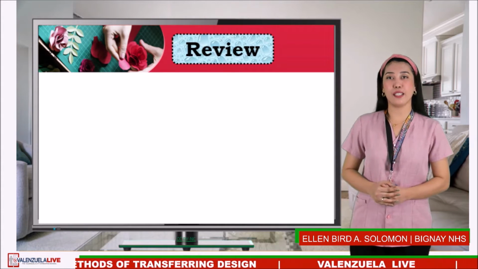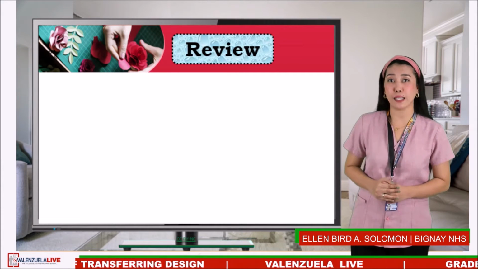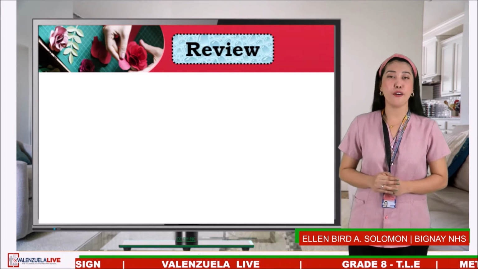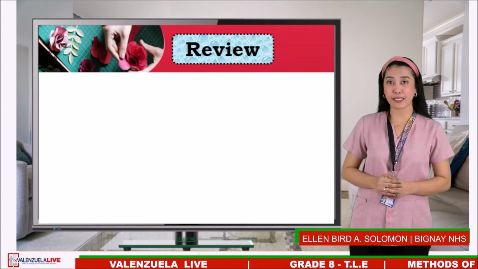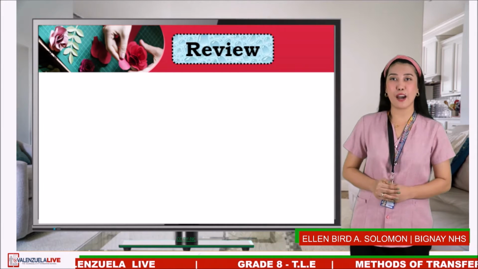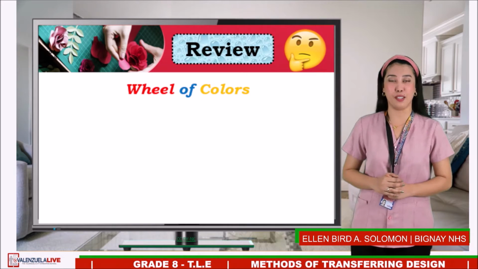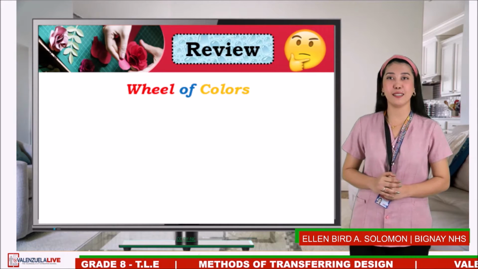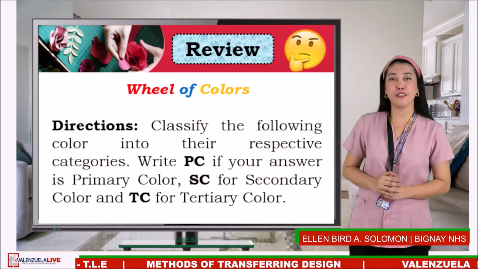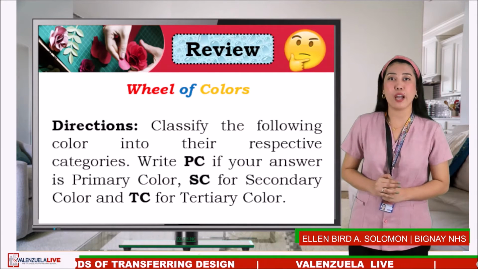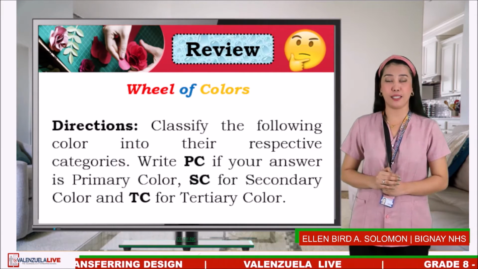So before anything else, let me assess first how much you have learned from our previous lesson. Let's have this activity entitled Wheel of Colors. With directions, classify the following colors into their respective categories.